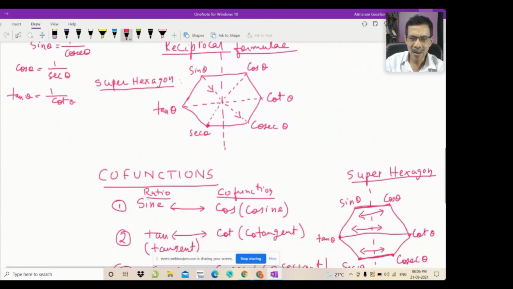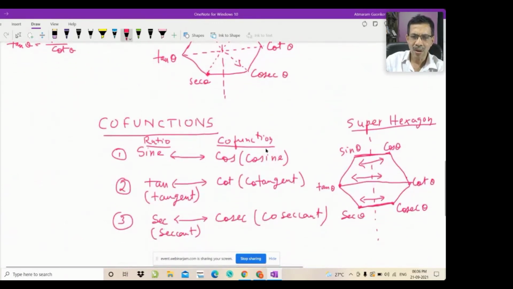And next, we have studied what are called co-functions. Cos is co-function of sine, cot is co-function of tan, cosec is co-function of sec. And you can remember this again by using the super hexagon. Same thing I have drawn. And you see the pair on the horizontal lines.